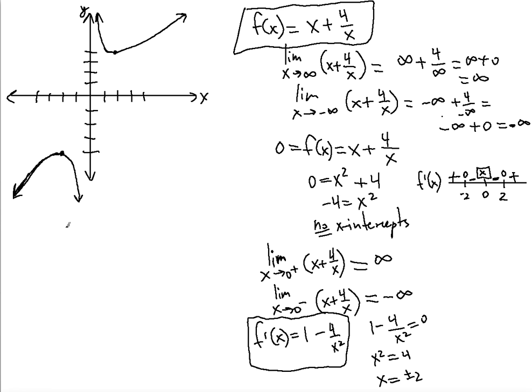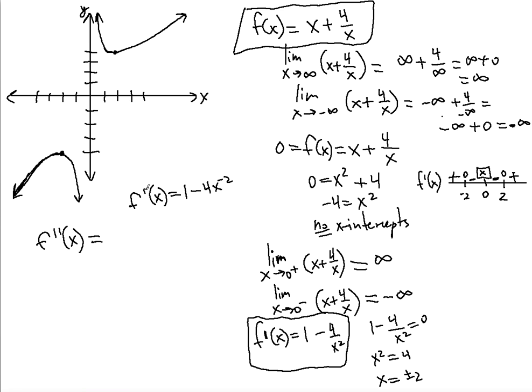Now let's understand what the second derivative is, just in case. Let's test out the second derivative just for fun. So we're going to have f double prime of x. We're going to differentiate the first derivative function we found. So 1 will turn to 0, and then we can write the first derivative as 1 minus 4x to the negative 2 so that you can use the power rule conveniently, right?